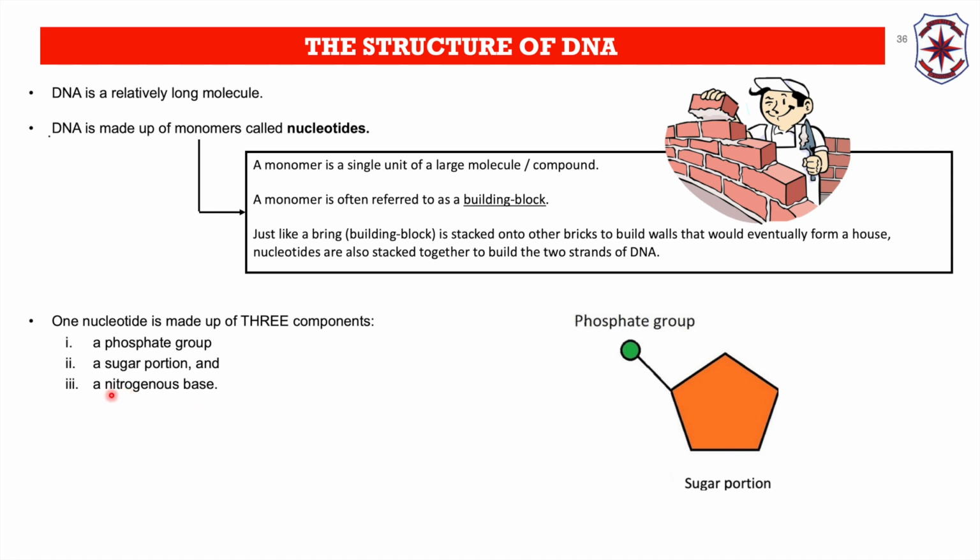So please, let's use the adjective nitrogenous: nitrogenous base, a base that is nitrogenous. Very careful. Phosphate group, or you can say phosphate portion, a sugar portion and a nitrogenous base.